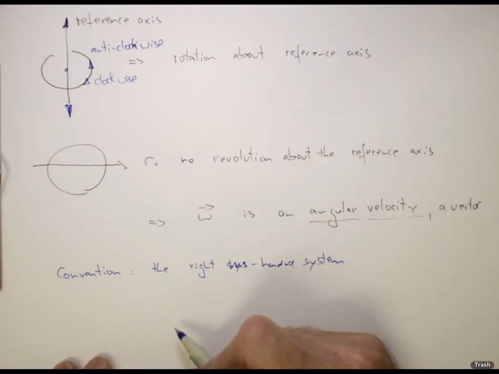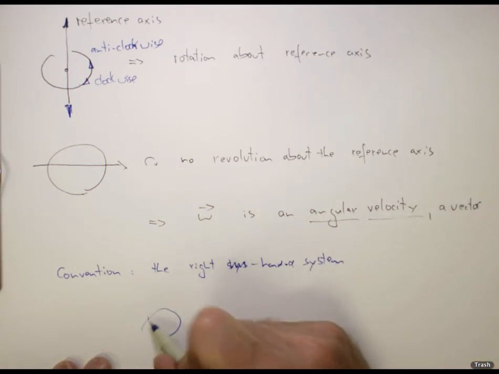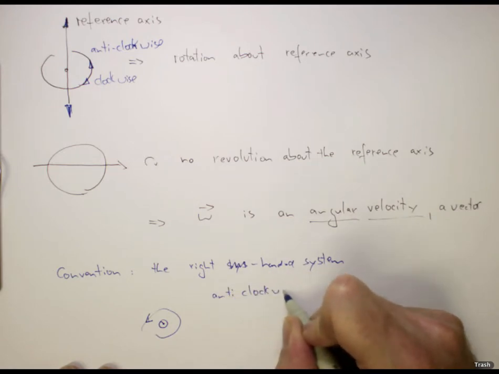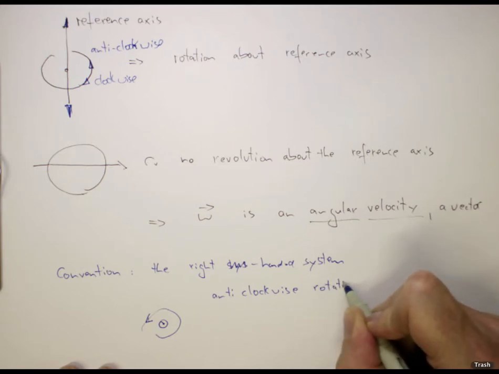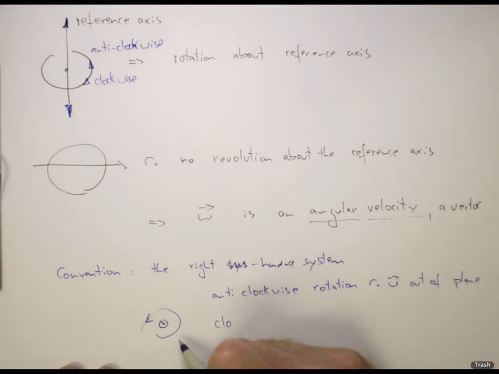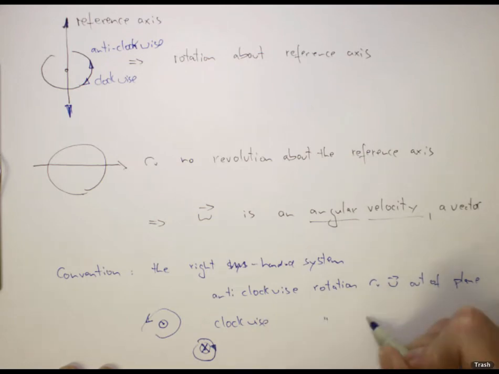And that means looking at the motion, an anti-clockwise rotation means omega points out of the plane, and a clockwise rotation means omega points into the plane.